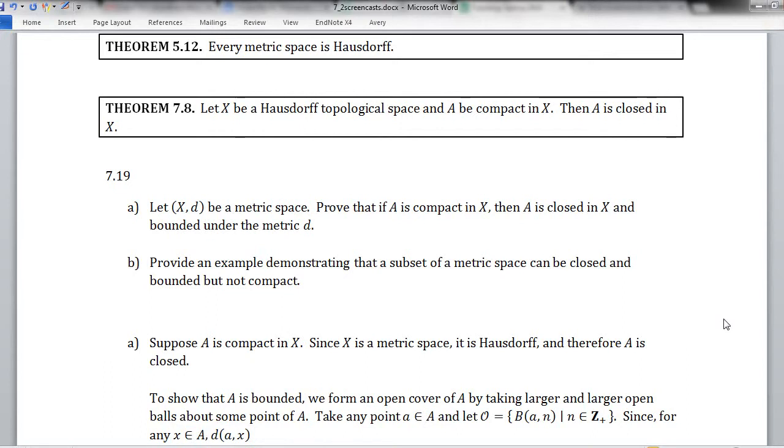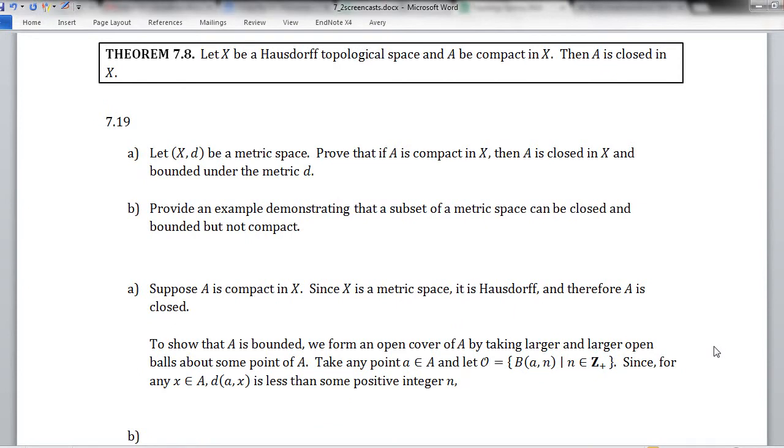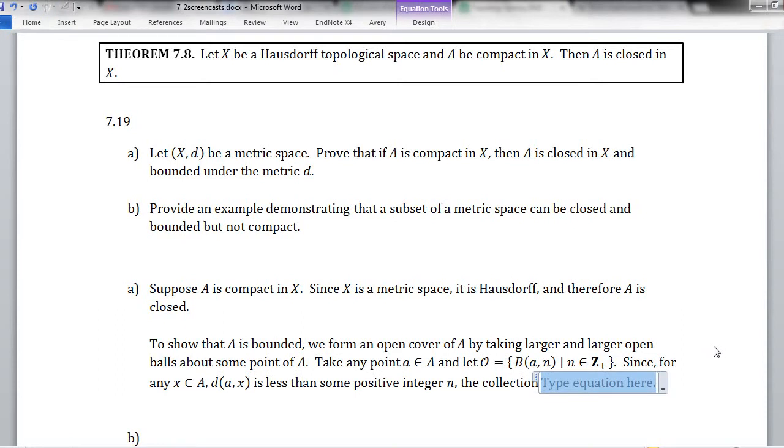And you can always find a positive integer bigger than it, right? It's less than some positive integer n. Okay, and that means that it's in the ball about a of radius n. Okay, so for that reason, the collection O is an open cover of A. Good.